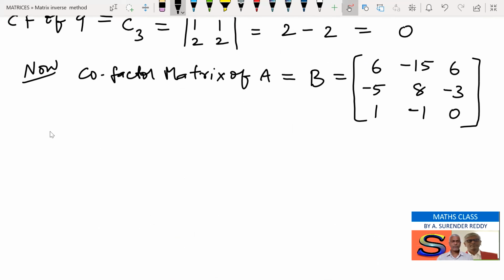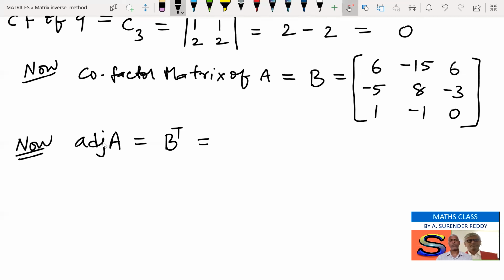Now we have to find the adjoint. So the adjoint of A is the transpose of B, that is BT. The transpose of the cofactor matrix will be the adjoint.